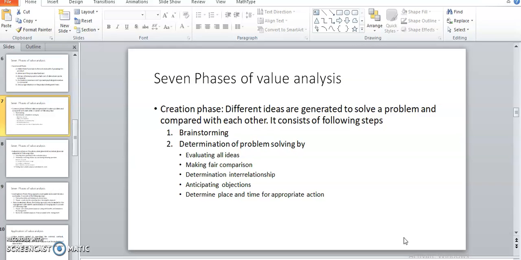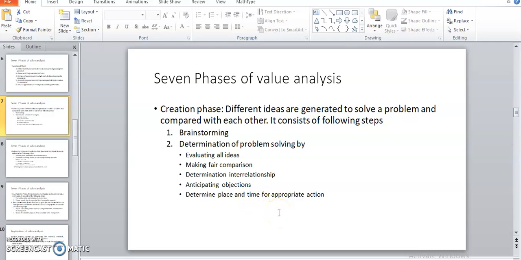For generation of ideas, we can use brainstorming, evaluation of all ideas, making comparison, determination of interrelationship, anticipating objections, and determining the place and time for the appropriate actions.